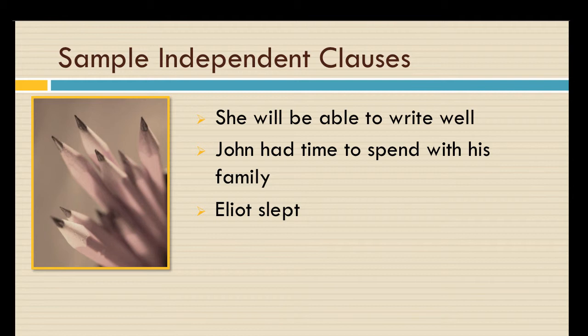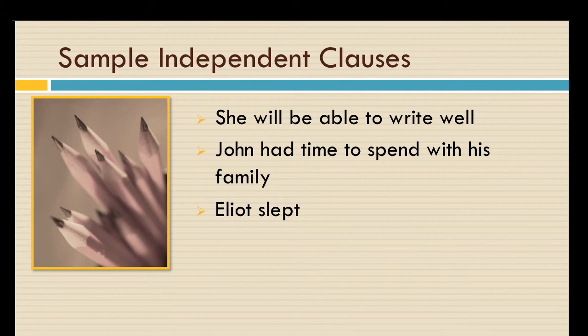Now, in looking at these examples of independent clauses, which also could be sentences, notice that length again doesn't matter. Elliot slept is an independent clause. The verb is slept, which is an action word. And if we ask who or what slept, we see that the answer, Elliot, is within that clause.